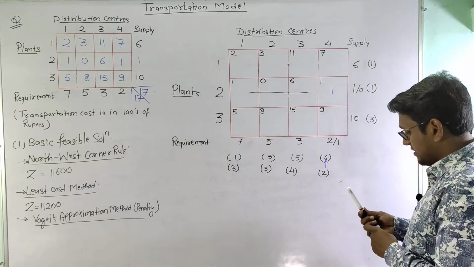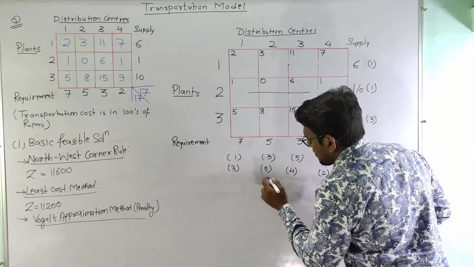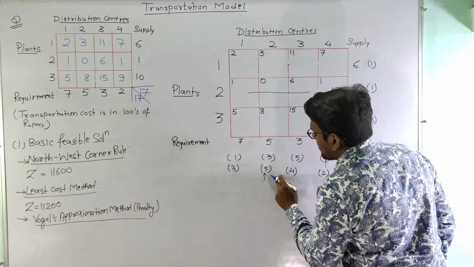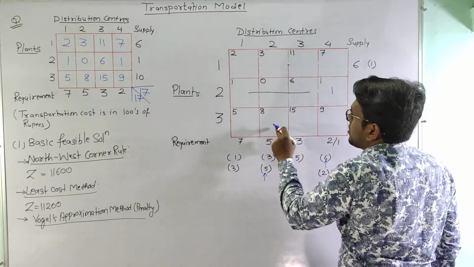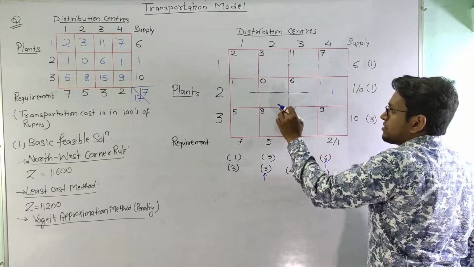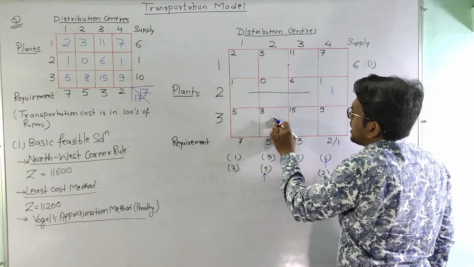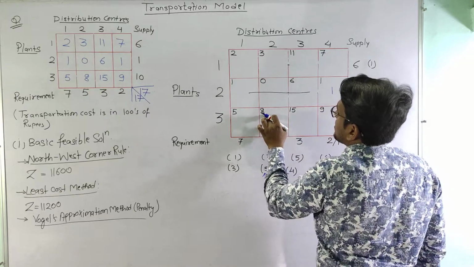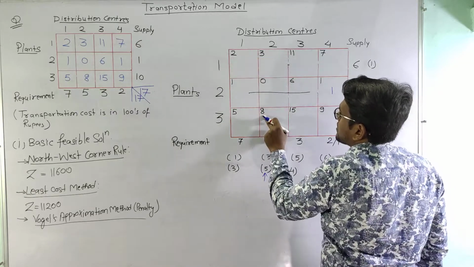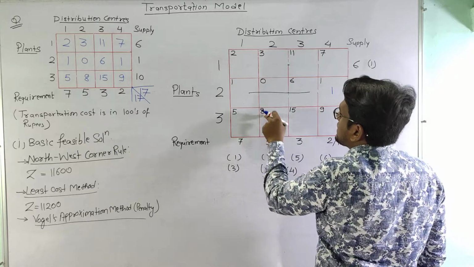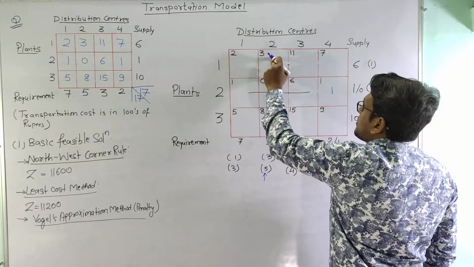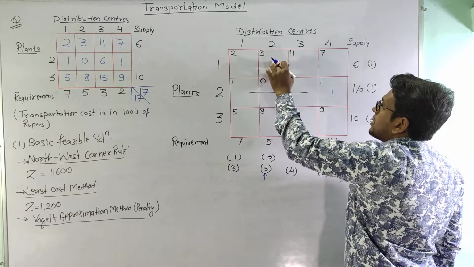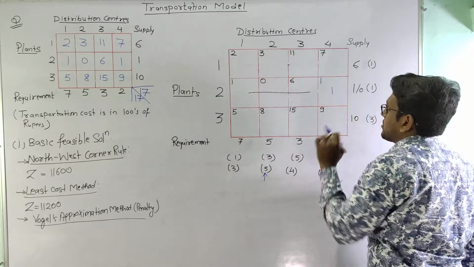Among these we can see that the maximum penalty is 5. So we select this 5 and try to allocate in this particular column. In this column there are 2 active cells with costs 8 and 3. We will allocate to 3 because it has the minimum transportation cost.